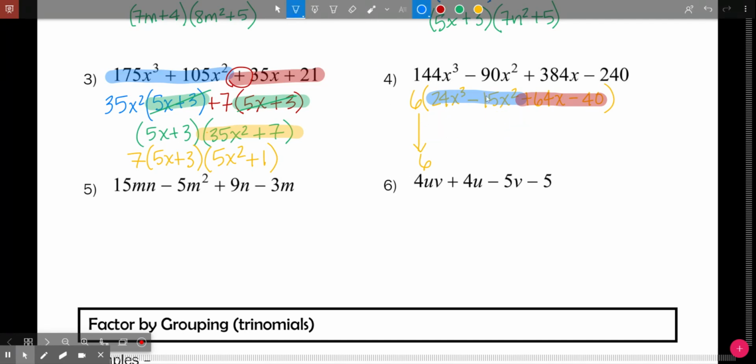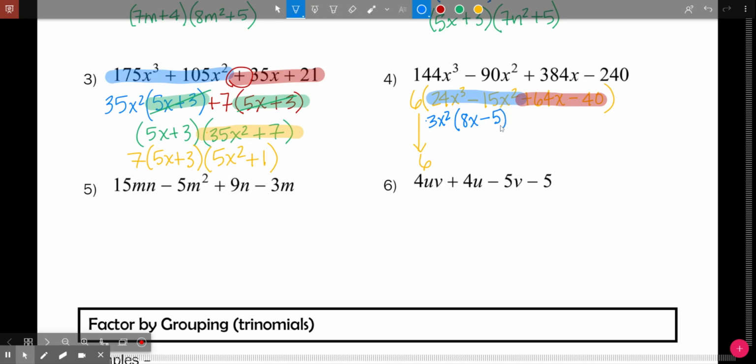Between 24x cubed and 15x squared, I have a 3 in common. I also have an x squared. So 24 divided by 3 is 8. X cubed divided by x squared is x. Negative 15 divided by 3 is negative 5.